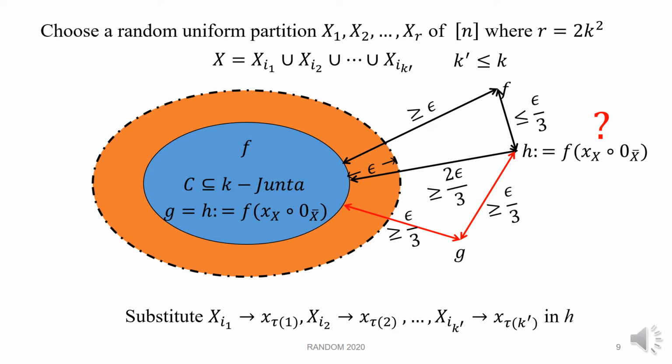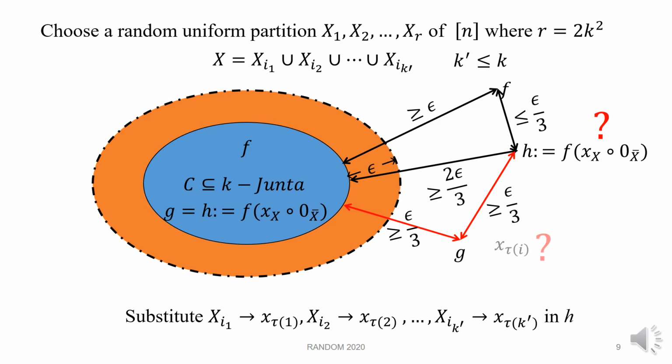The first test is testing if h is epsilon over 3 far from g with respect to d. Now assume we can query g. This needs order of 1 over epsilon queries. The second test is testing if g is epsilon over 3 far from C with respect to d. But this time g depends on at most k variables, not n variables. So in this test, the number of queries is independent of n.